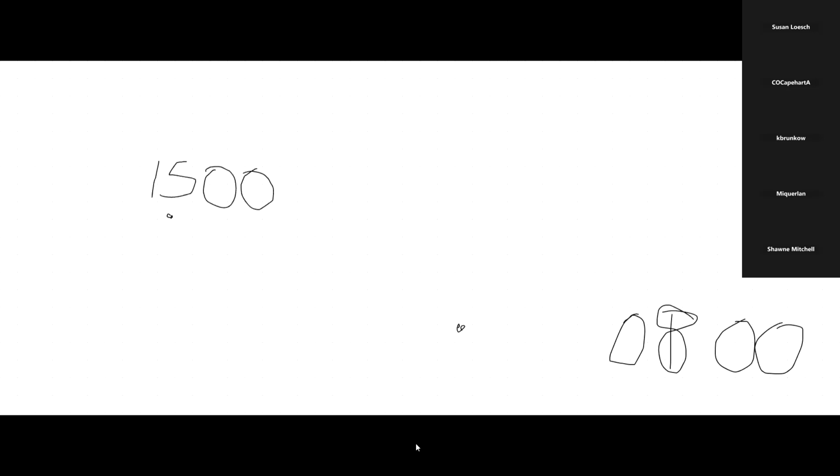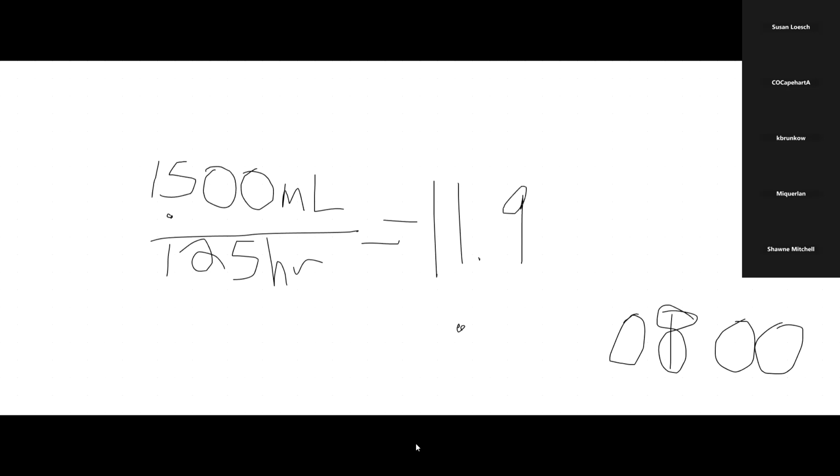And it's running at a rate of 125 an hour. So let's see what that math is. 1500 divided by 125. Okay, that gave you 11.904 hours. Okay? Everybody understand why?